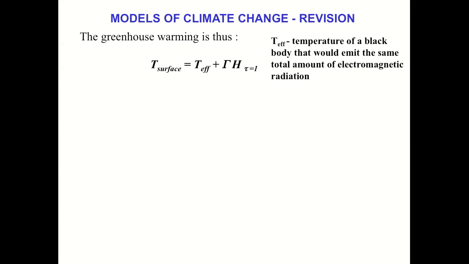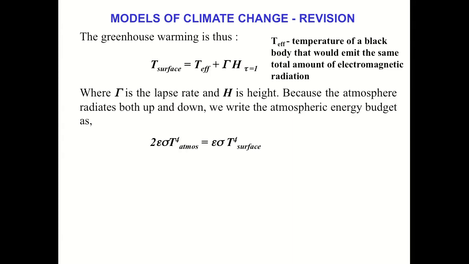In other words, the tau equals 1 level. So remember, gamma is the lapse rate, the rate of change of temperature with height. H is the height of this emission level, if you like.